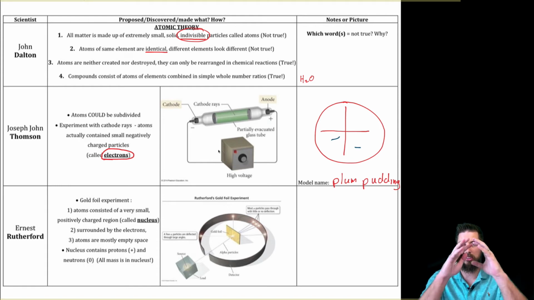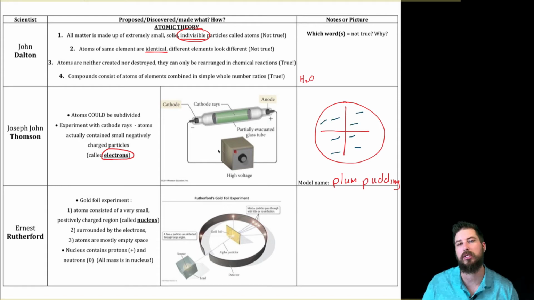So it's this positive sphere, and throughout the sphere are these negatively charged particles. Another name for that model is the chocolate chip cookie model. If you think about a chocolate chip cookie, you have the chocolate chips spread throughout the cookie. And that is the model that J.J.